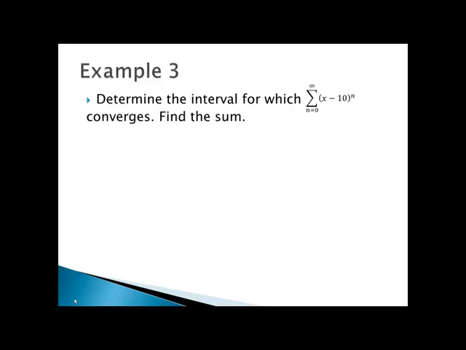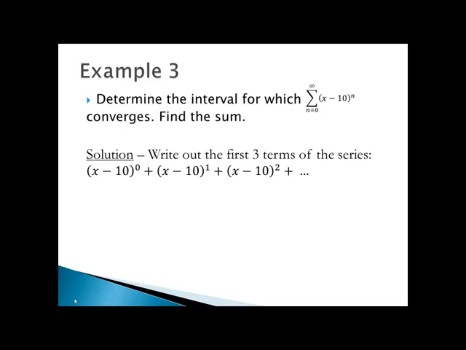In this example, I'm asked to determine the interval for which this series converges and then find its sum. Well, I'll start by writing out the first three terms of the series. I'll have x minus 10 to the 0 power, plus x minus 10 to the first power, plus x minus 10 to the second power, and so on.